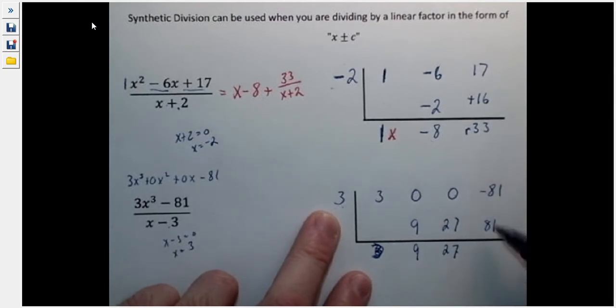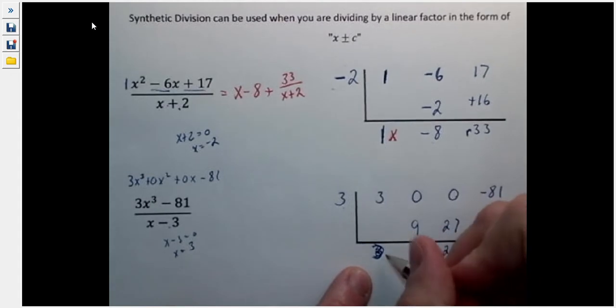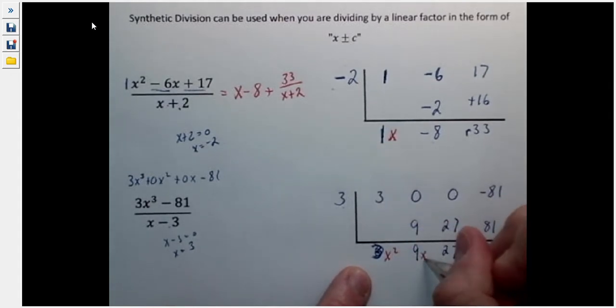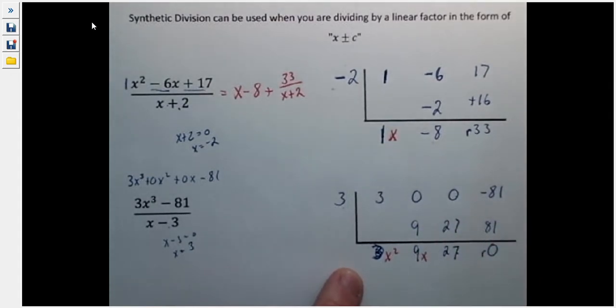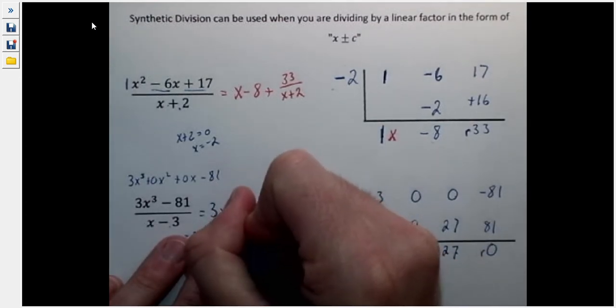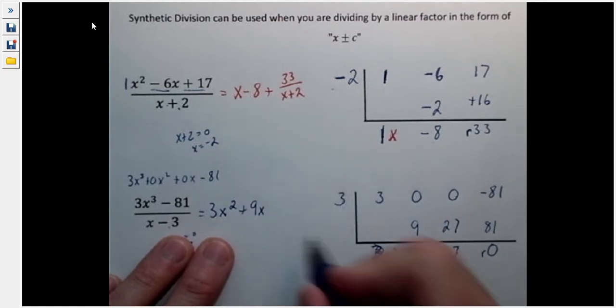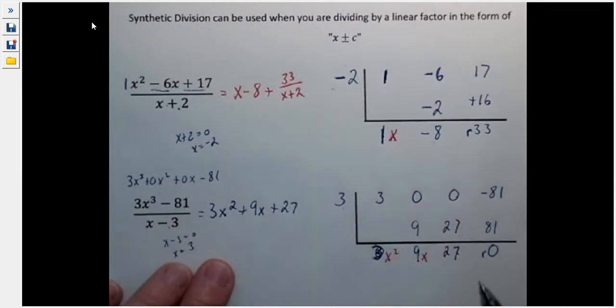And -81 plus 81 is 0. So we have a remainder of 0. Since we started with the cube, this one's going to be x squared, x, no x. So my answer to this is going to be 3x squared plus 9x plus 27 with no remainder.